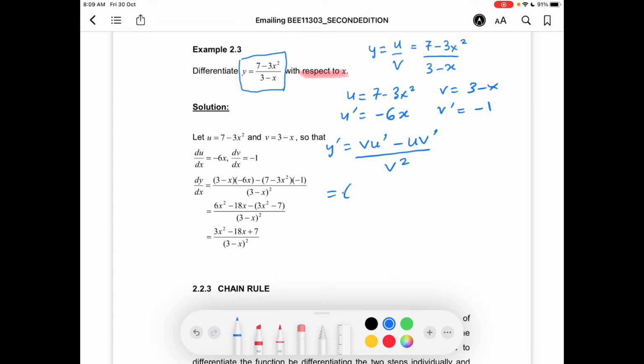So v is 3 minus x, u prime is minus 6x, minus u, which is 7 minus 3x squared, times v prime, which is minus 1, over, don't forget, v squared, which is 3 minus x to the power of 2.